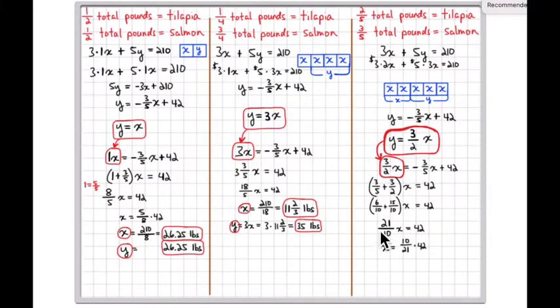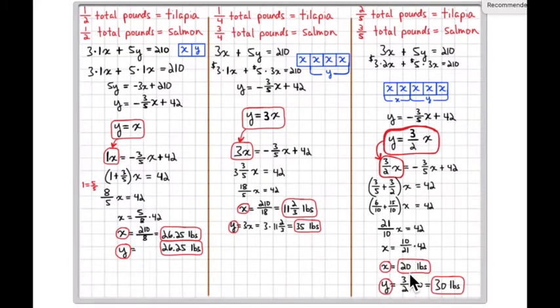And so x, you multiply by the multiplicative inverse of 21/10, which is the reciprocal of 21/10. So now you're multiplying 42 times 10 and dividing by 21. So 10 times 42 divided by 21. Actually, 42 divided by 21 is 2. 2 times 10 is 20.